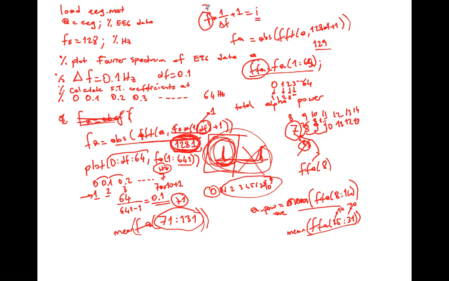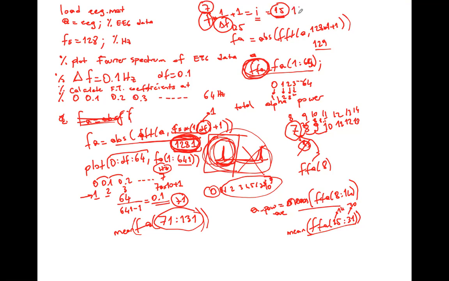Yani if I'm interested in 7 hertz, and if I have 0.5 hertz increments or resolution, then I will have 15 as my index. Yani in this FFA matrix or vector, my 15th value corresponds to 7 hertz.